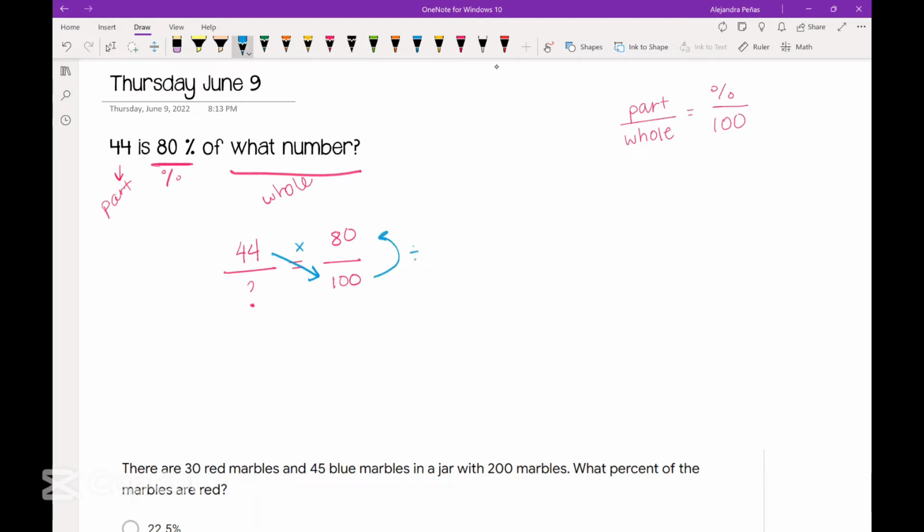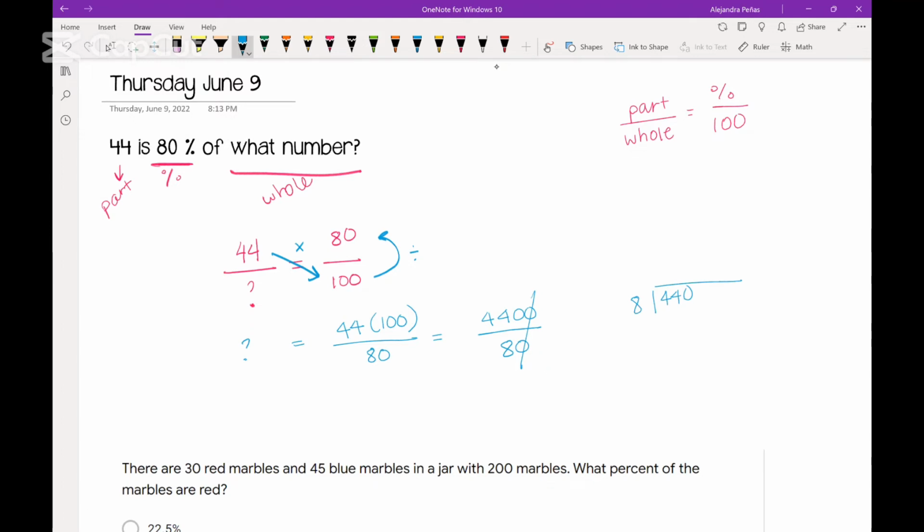The number is going to equal 44 times 100 divided by 80, which is 4,400 divided by 80. This 0 and this 0 go away, so you're left with 440 divided by 8.